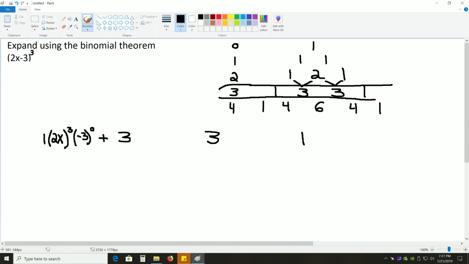Then you will add that to 3 times, again, your two terms, 2x and negative 3. So I'm going to write these all out really quick. 2x and negative 3 will keep coming up. And we're adding all of these terms together.